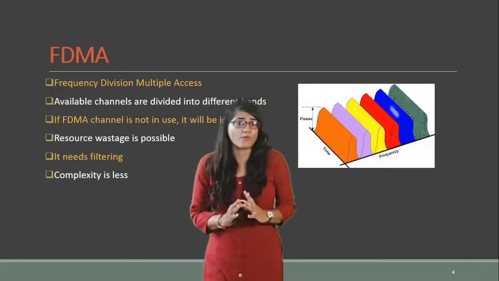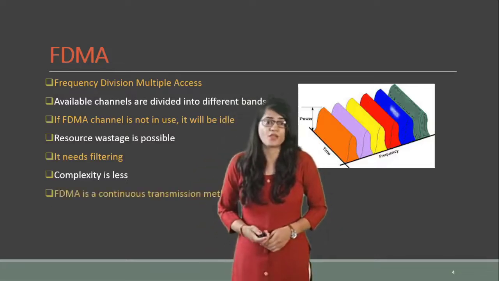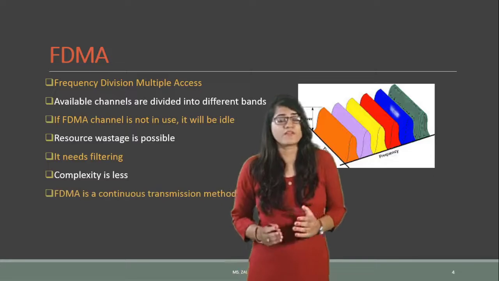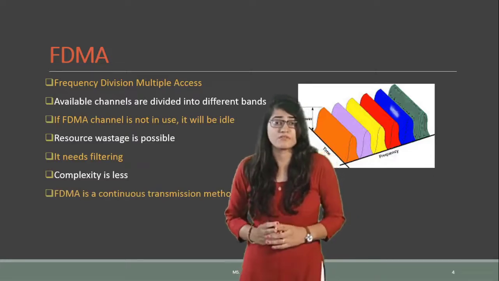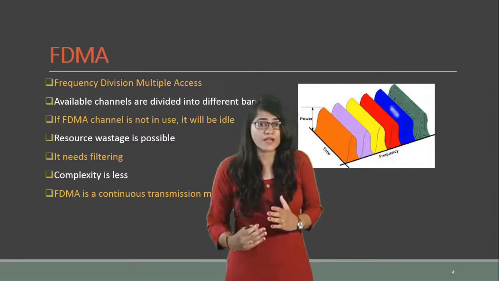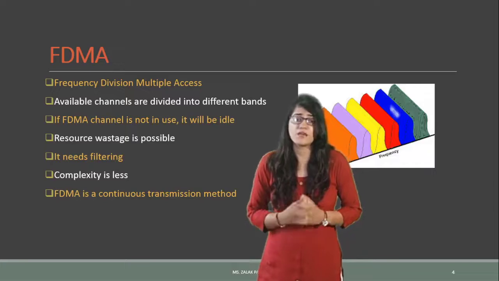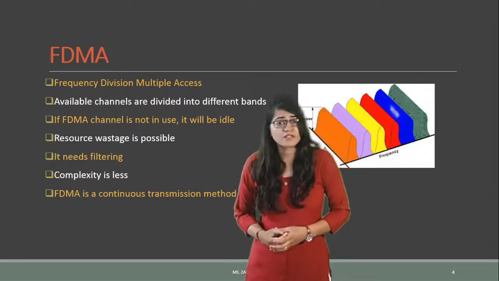So we can say that complexity is less in this technique, FDMA. Also in FDMA, continuous transmission is used because of the predetermined data transmission, and because of that it can transmit the data smoothly and continuously from the transmitter end to the receiver end.